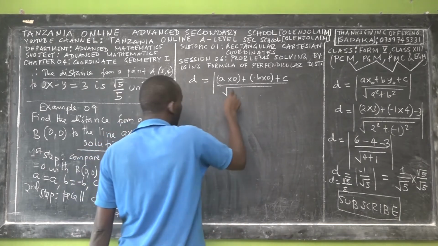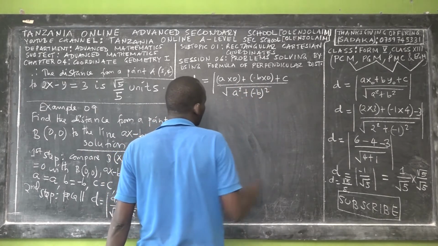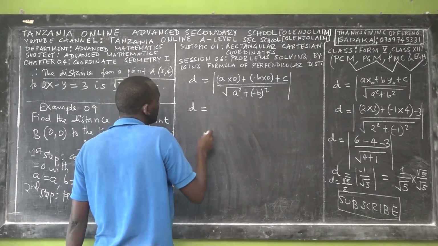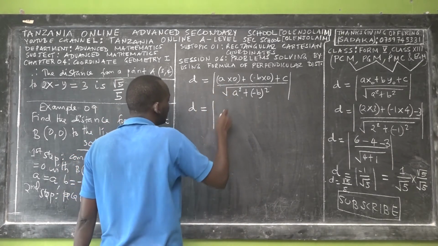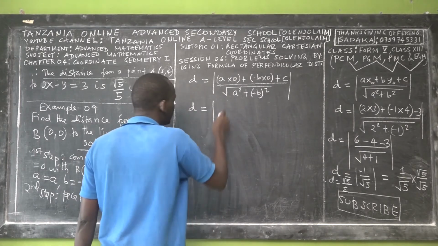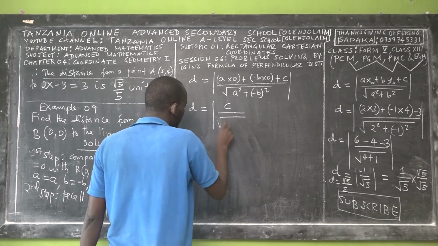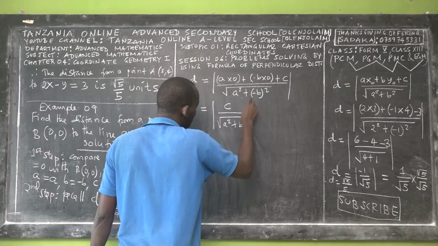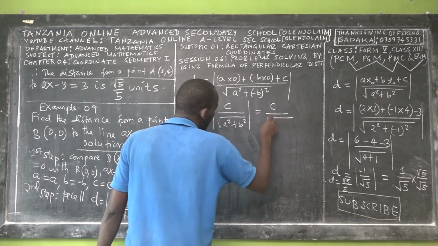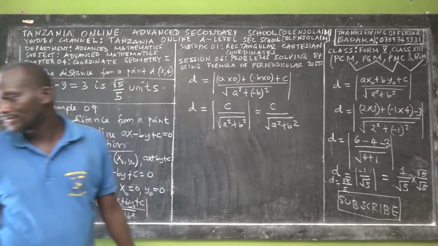So the distance is equal to a times 0 minus b times 0, plus c, over the square root of a squared plus b squared. Simply, this is equal to c over the square root of a squared plus b squared.